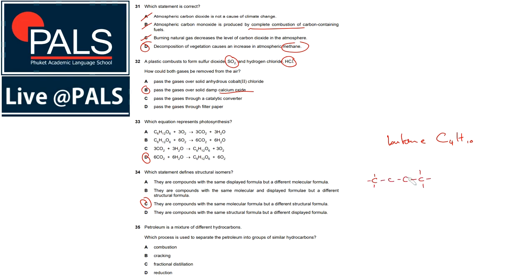Like this is n-butane, and we can have one branching structure like this. That is our methylpropane. This here is a methyl group, and the longest chain has 3 carbons, which is propane.